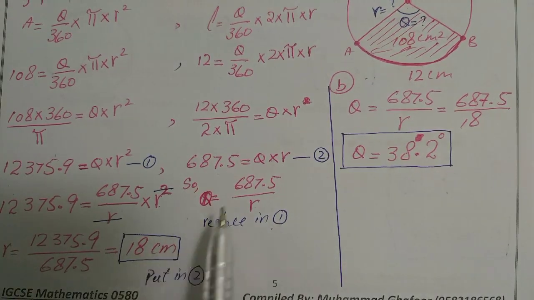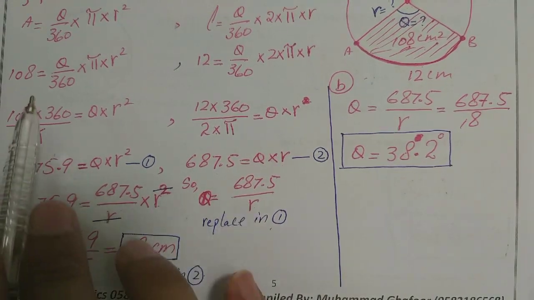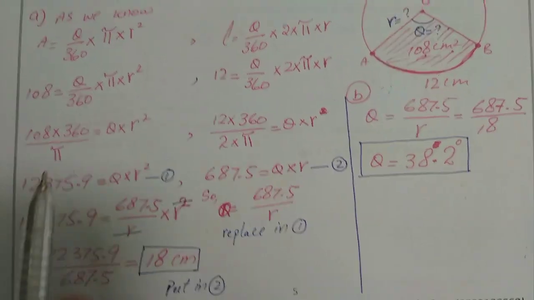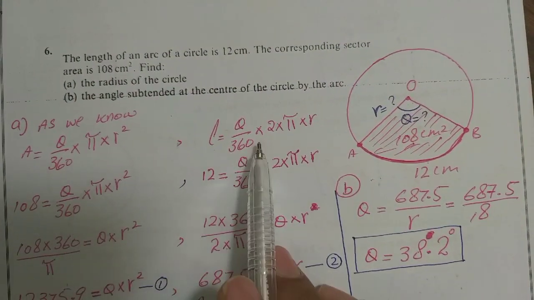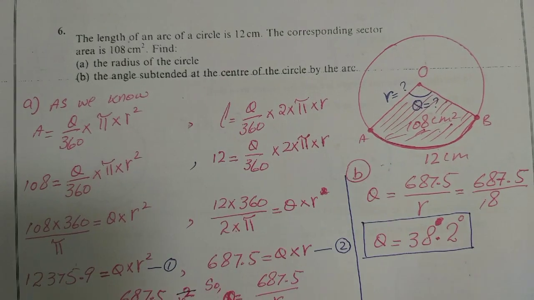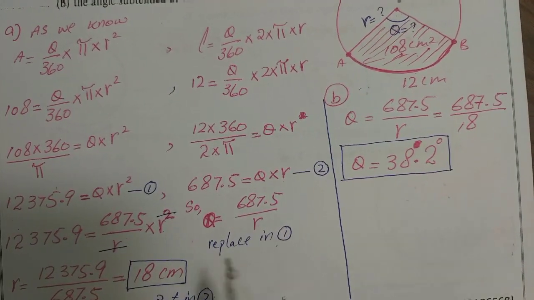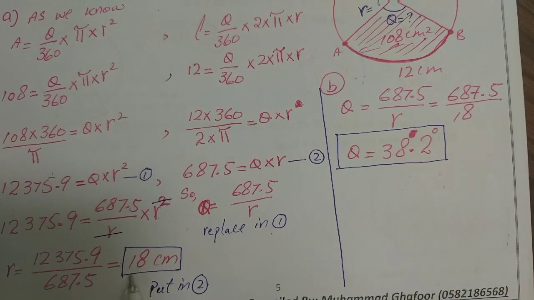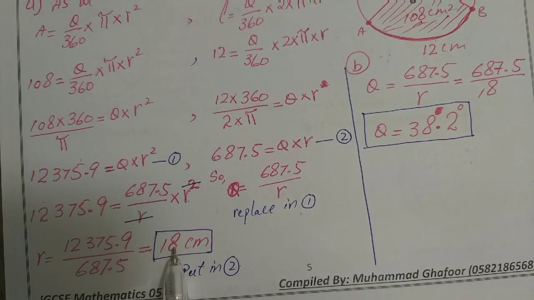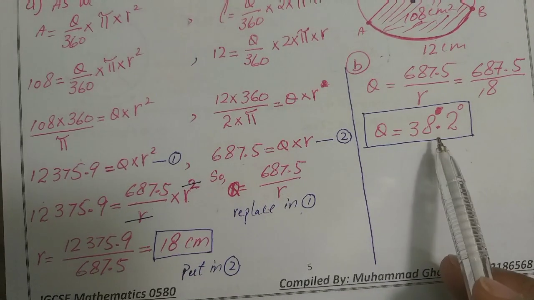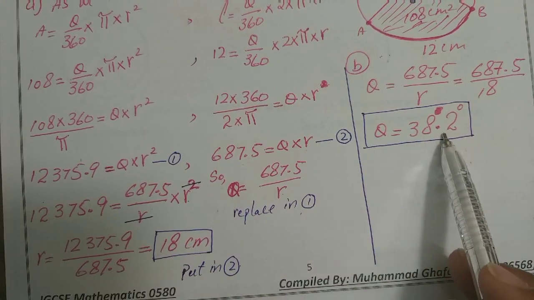I put this value into this formula. Either you can put this r value in the area of the sector or the arc length, and you will find the same answer. Because I already made theta the subject of the formula, it's easy for me to substitute the r value I found here, 18 centimeters, in the equation. So I find theta equals 38.2.